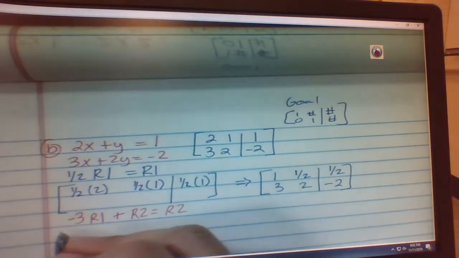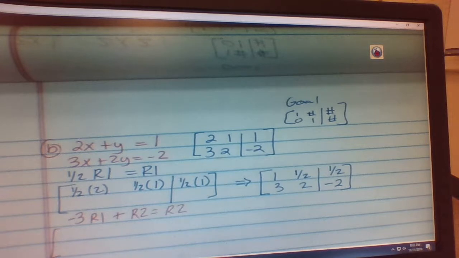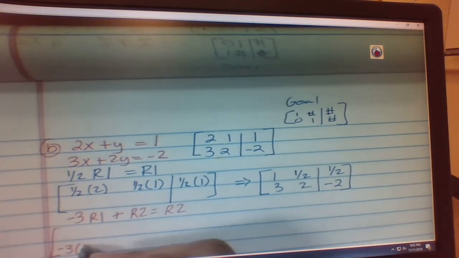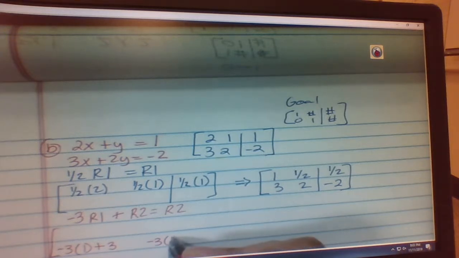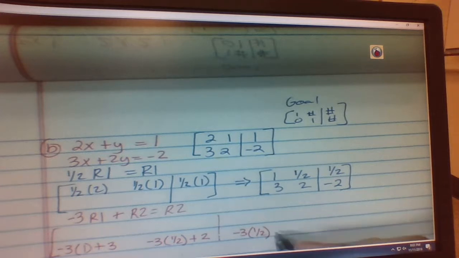So when I do, does my first row change? No. So -3 times who? 1 plus 3. Very good. -3 times 1/2 plus a -2.